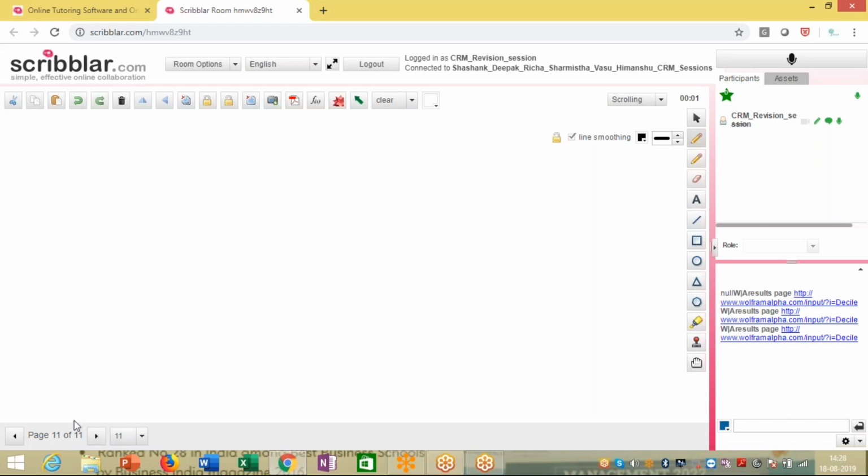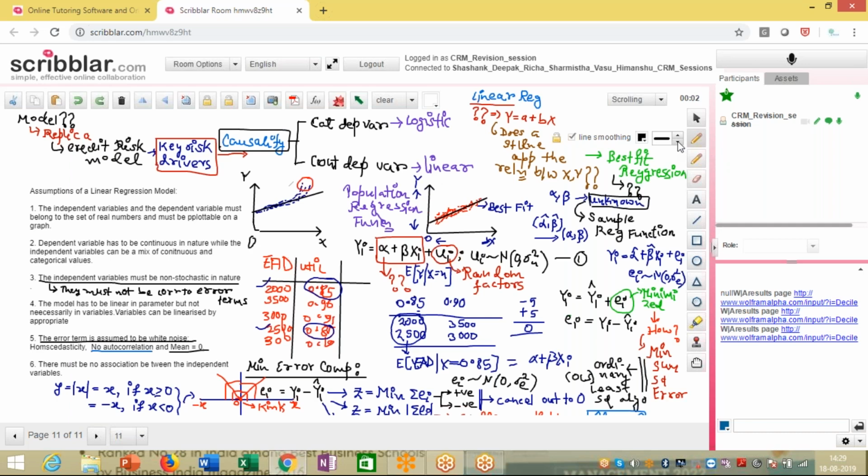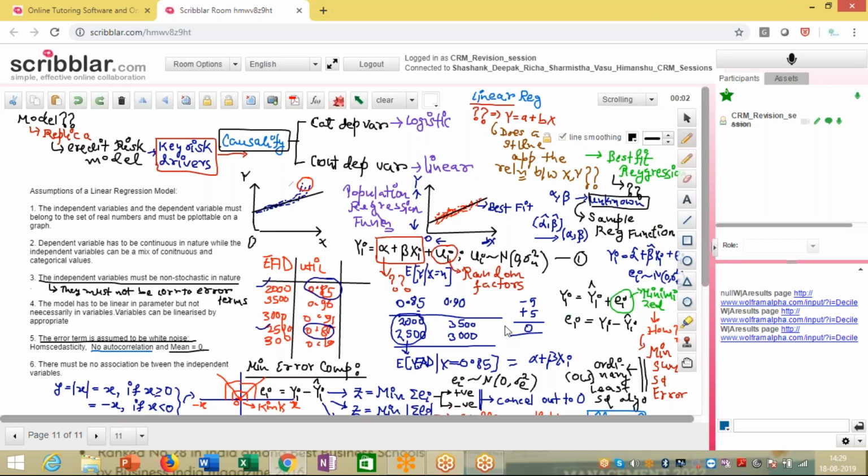So a very quick recap of the discussion that we have had in the last class. Fine. So in the last class, we talked mostly about the OLS, or the ordinary least square regression procedure, right?